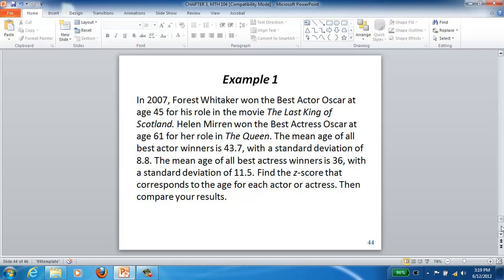For this example, I give you the x bar for the age of best actor winners and the standard deviation, and the same for the age of actresses. So we have to calculate the z-score.